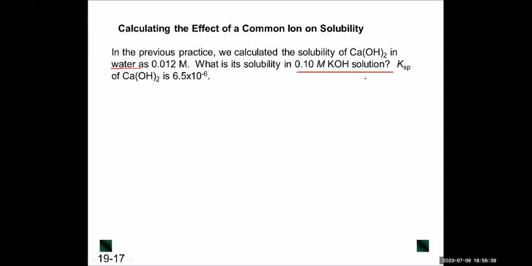So in the solution, there is significant hydroxide concentration. And as hydroxide is part of the ions in the solute calcium hydroxide, this extra high concentration of hydroxide should reduce, inhibit dissolving of the calcium hydroxide.